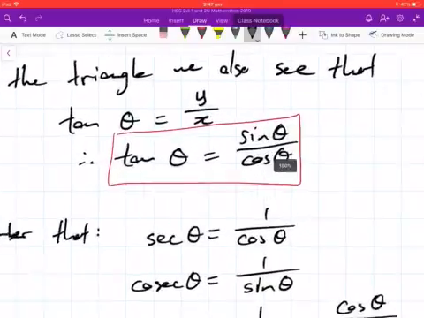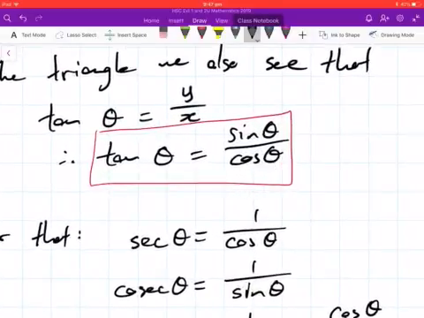Firstly, we remember this: tan theta is equal to sine theta over cos theta. Why is that? Because in the triangle at the start, tan theta is equal to opposite over adjacent, y over x. And again, if y is sine theta and x is cos theta, then tan theta is sine over cos. Now this is also an identity, so we want to be familiar with this one.